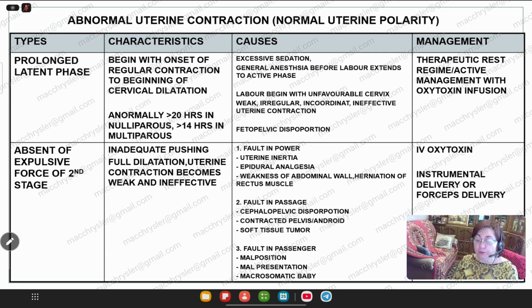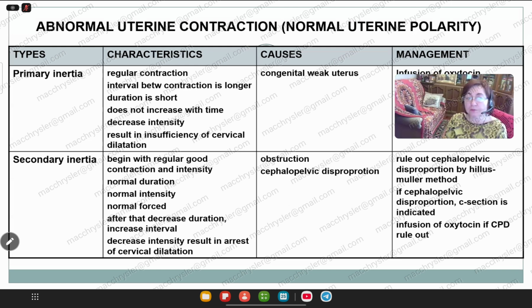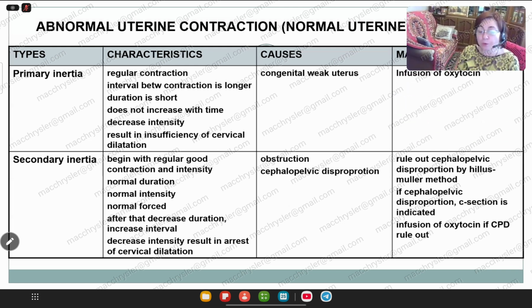I told you in the previous lecture, when I delivered this section, that vacuum is now preferable to forceps application. Primary and secondary inertia we can also have; we already discussed the classification with normal uterine polarity.